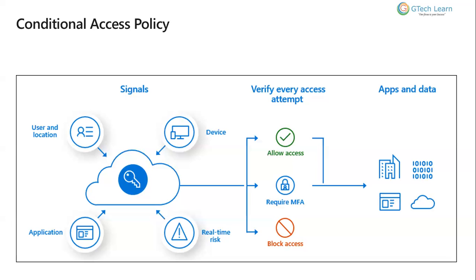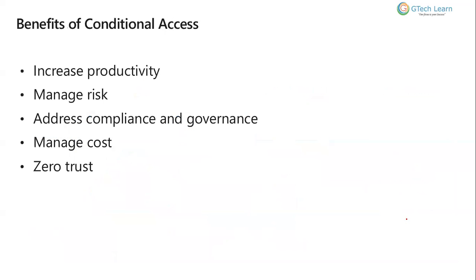It can take the signal from the user location, from different devices, applications, real-time risk, and accordingly it will allow or block the access. And if it allows the access, it could require multi-factor authentication in order to give you access to the application and the data you have inside your organization. That is something we can do by using the conditional access policy.